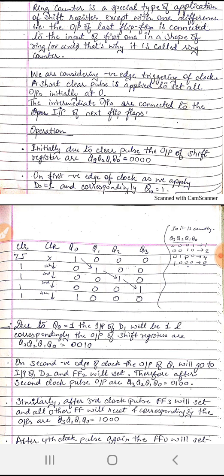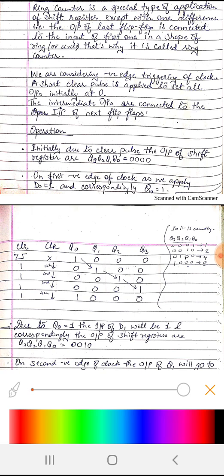Initially, let 0 be stored in all the flip-flops of the shift register. That is, initially we have 0 0 0 and 0. On the first negative edge of the clock, as we apply D0 equal to 1, Q0 will become 1, as we are using the D flip-flop and the data will be equal to the output in a flip-flop.